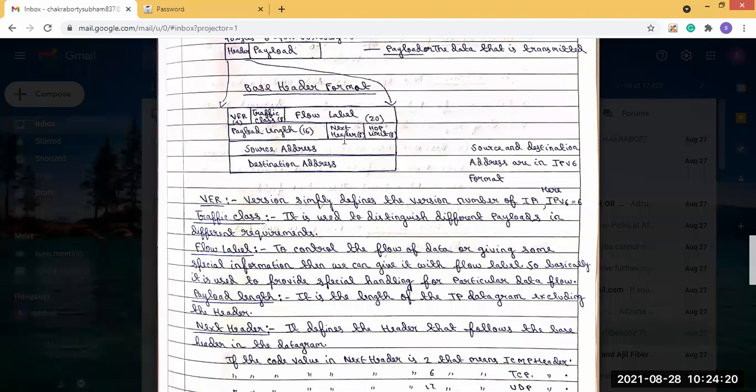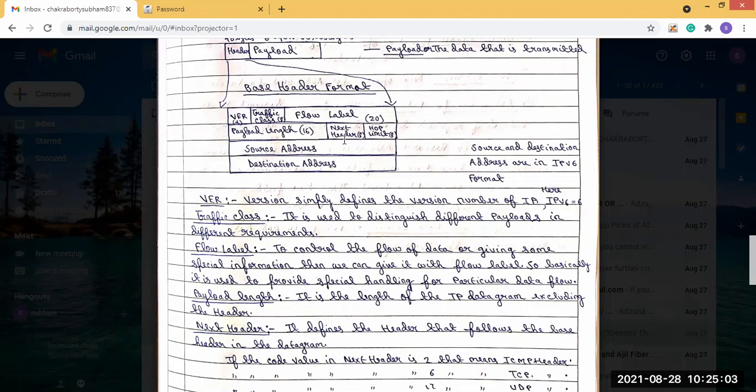Then next is the next header. It defines the header that follows the base header in the datagram.